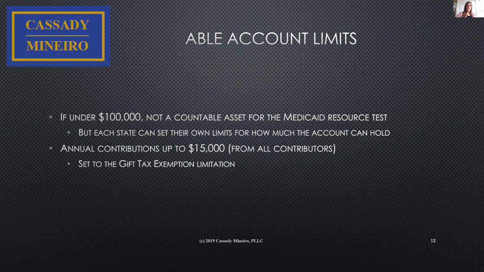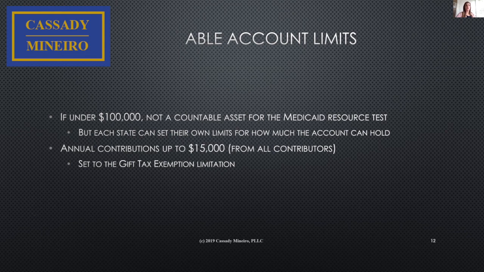ABLE account limits: if it's under $100,000, it is not a countable asset for the Medicaid resource test for that $2,000 limit with SSI and certain DDA benefits. But each state can set their own limits for how much an account can hold.